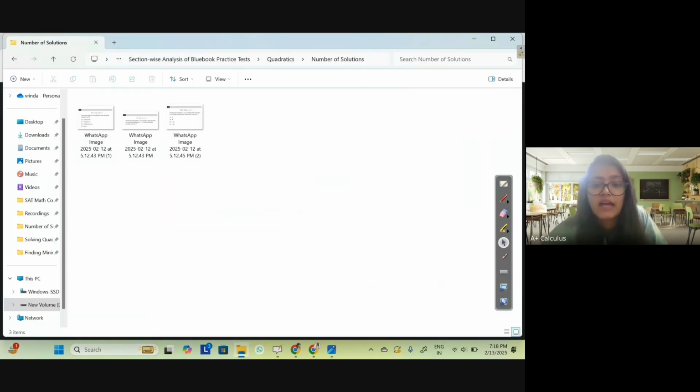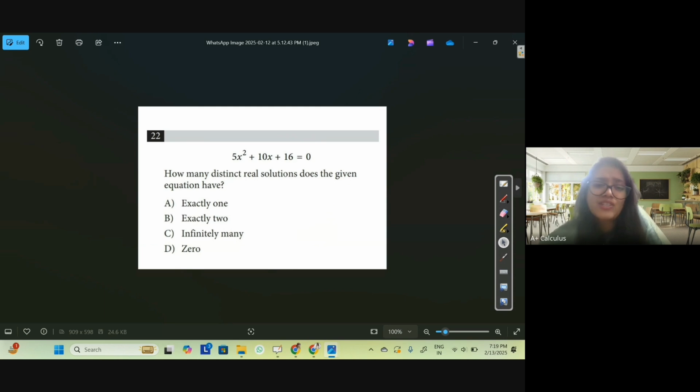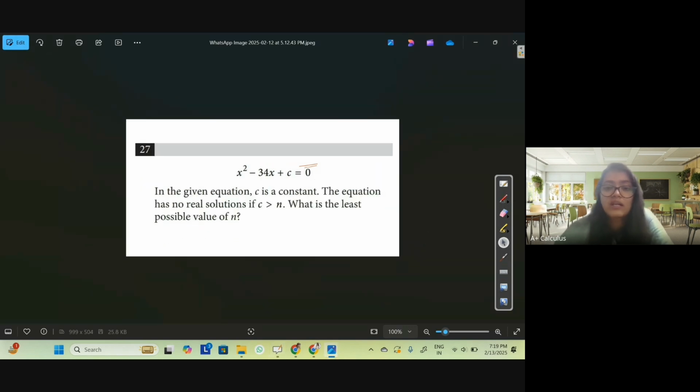Next question type from quadratics is number of solutions. The first is a very straightforward question in which they just give you a quadratic equation and ask how many distinct real solutions the given equation has. This is the first question type from number of solutions. Then this is another question type.